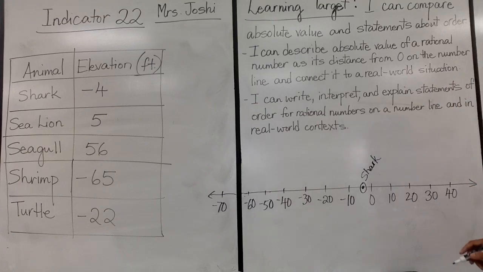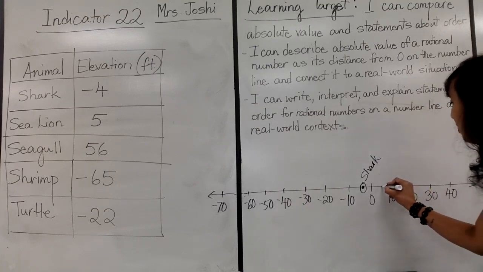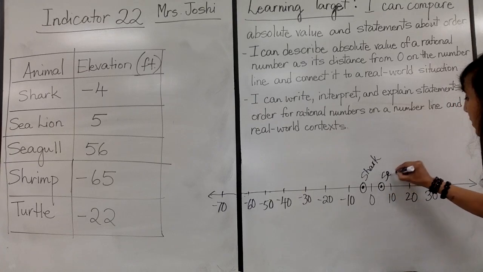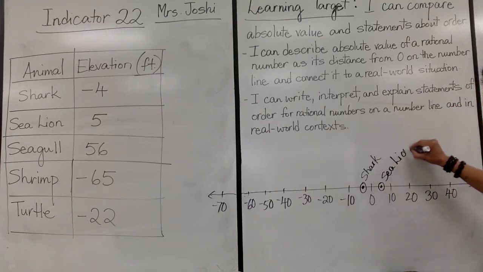Then we have the sea lion, which is at 5. So 5 is going to be here between 0 and 10. This is my sea lion. Then I have my seagull, which is at 56. So this is 50, and this is 60. 56 is going to be somewhere over here, and this is my seagull.